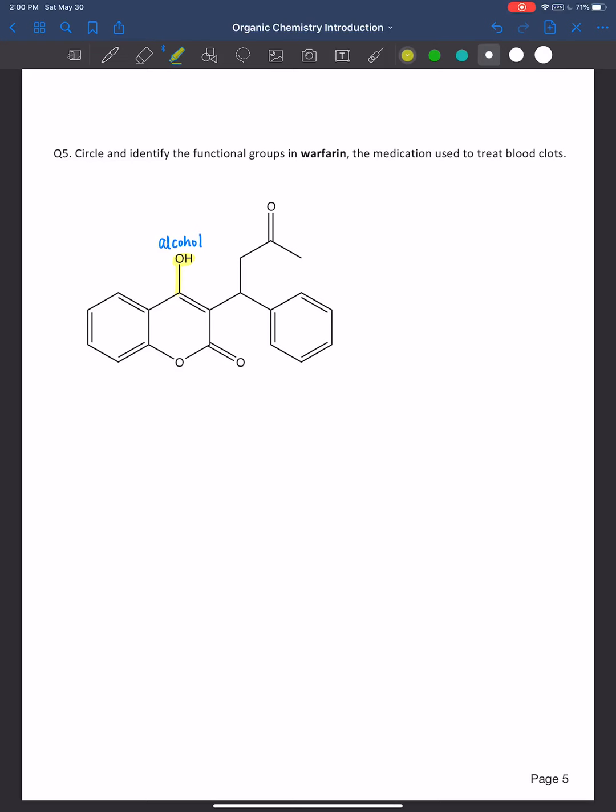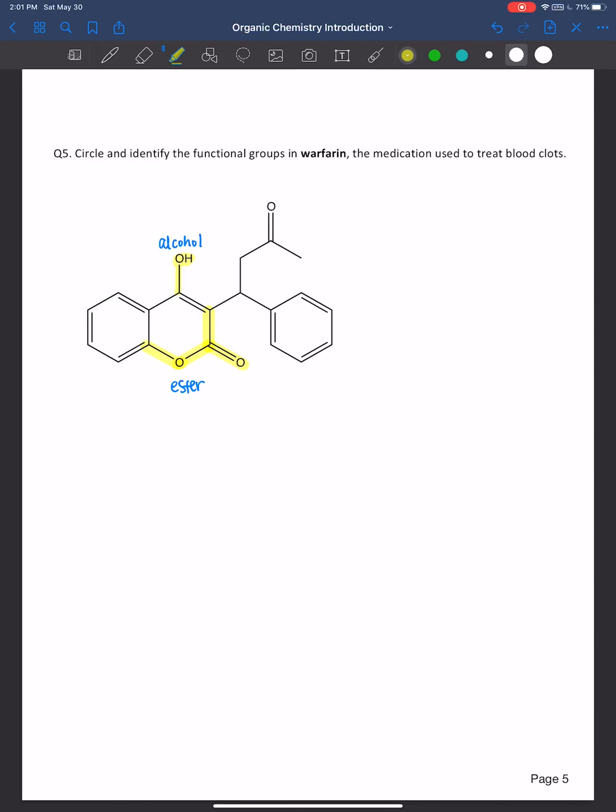All right, the next one you should find looks like we have a carbon double bonded oxygen. On one side of that carbon is the rest of the molecule, and on the other side is an oxygen, but the oxygen doesn't have a hydrogen attached to it. It has another R group. So what is this particular functional group called? Excellent. This is an ester.